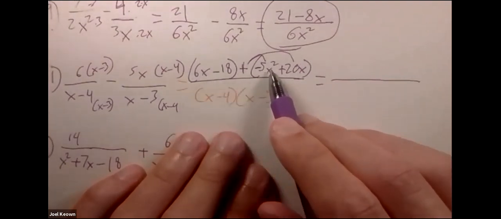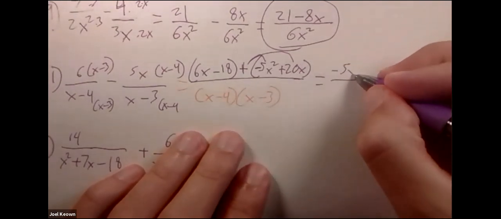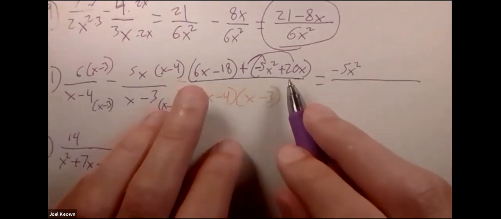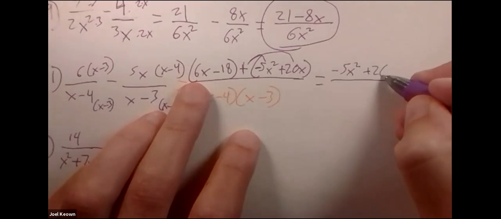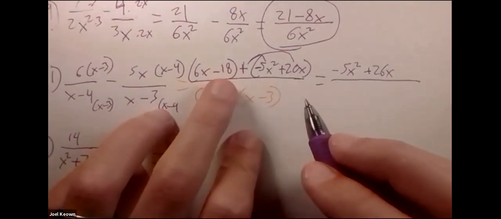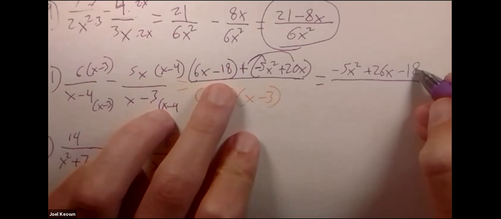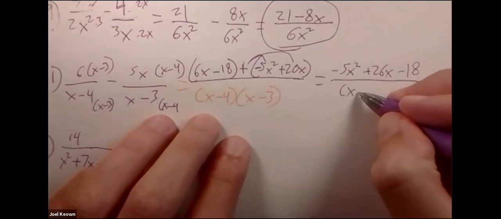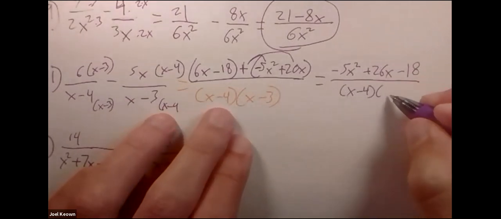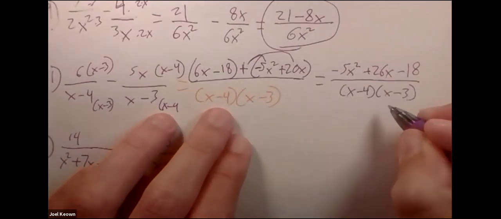Well, I have x squared, so negative 5x squared. I have a 6x and a 20x, so I combine those, plus 26x. And then minus 18 all over this right here, which I'm not even going to multiply. I'm going to leave it just like that.